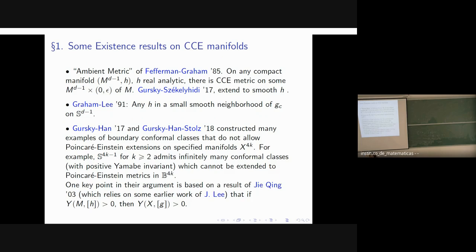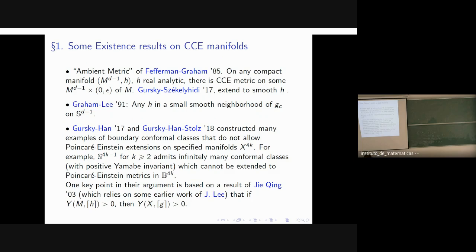Given M, you can fill in with a Poincare-Einstein metric in a neighborhood of M. The original work by Fefferman and Graham deals with h which is real analytic, and later on Zworski did it for smooth h. Okay, so this is the ambient metric construction.